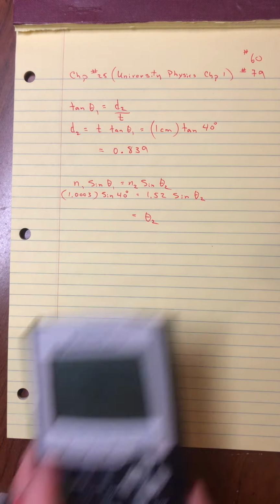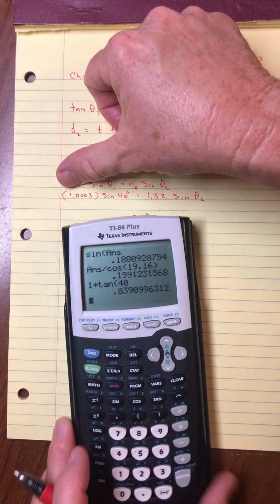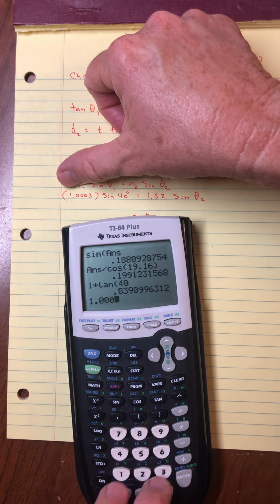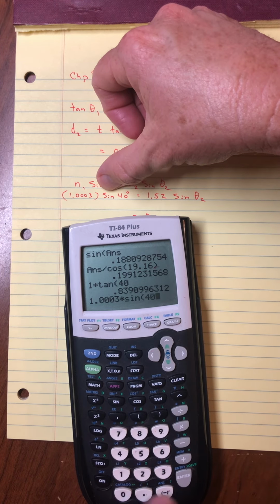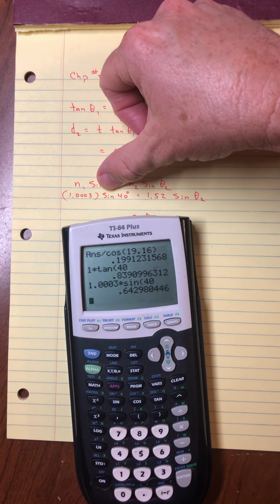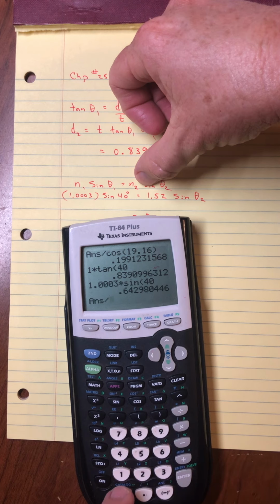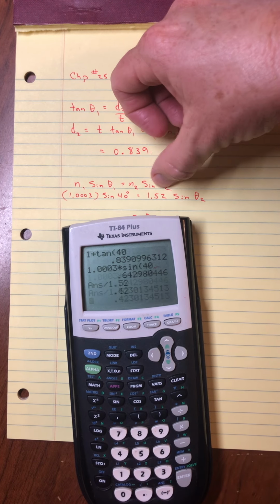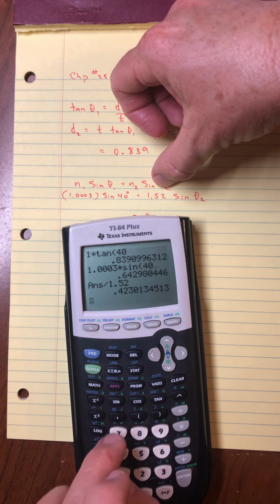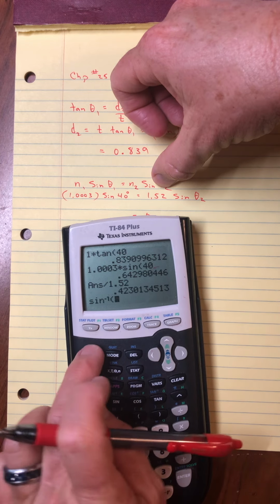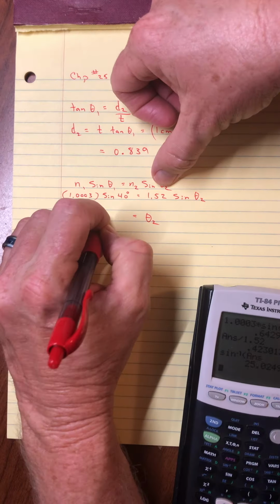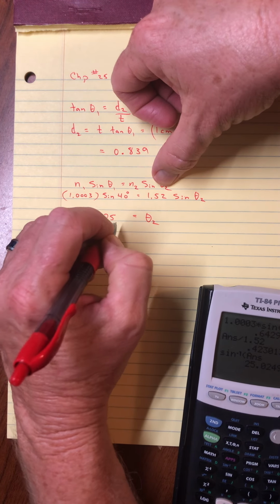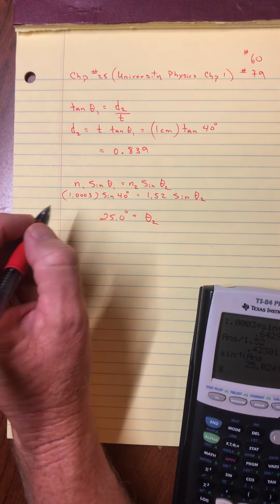Okay, so coming over here, 1.0003 times the sine of 40 degrees. Then I will divide that by 1.52, and then I will take the arc sine and get an angle of about 25.0 degrees.